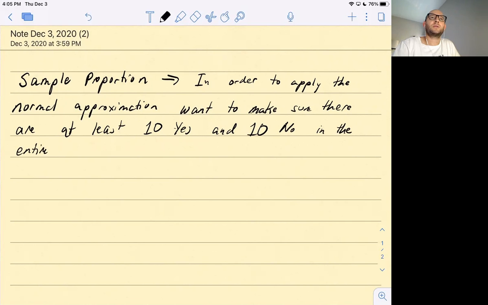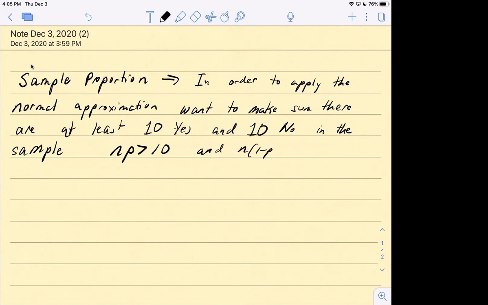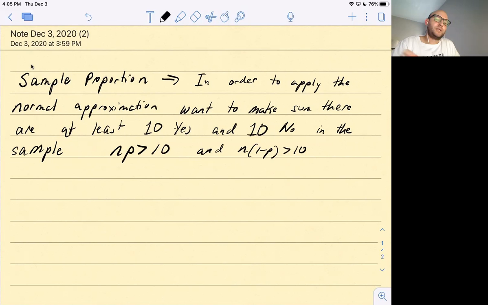Actually, let me think about this. No, not in the sample. And this is translated as we want np to be greater than 10 and n times (1 minus p) to be greater than 10. This is something you can check given the proportion and your sample size.